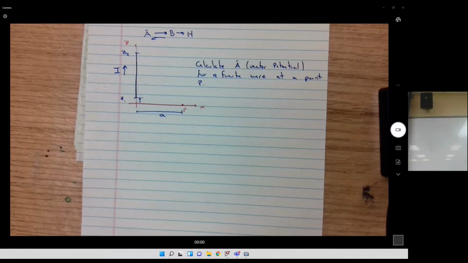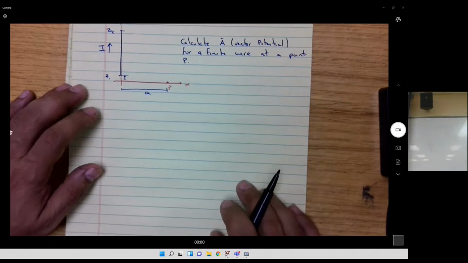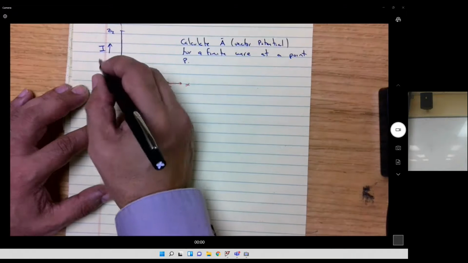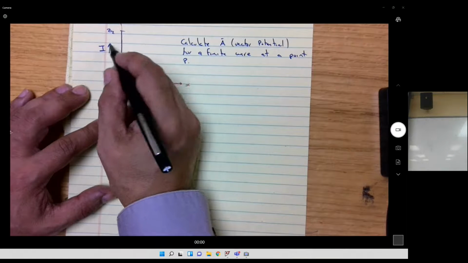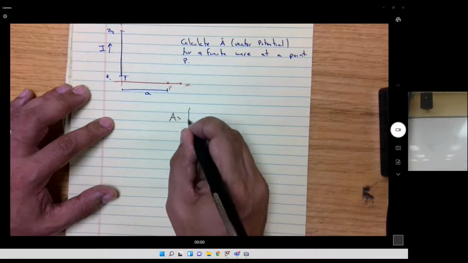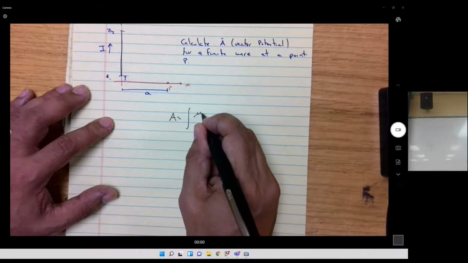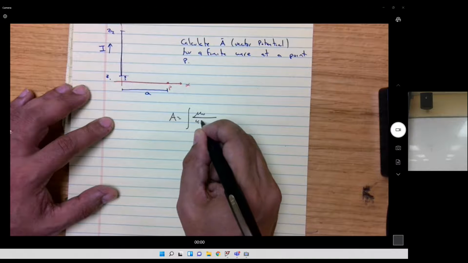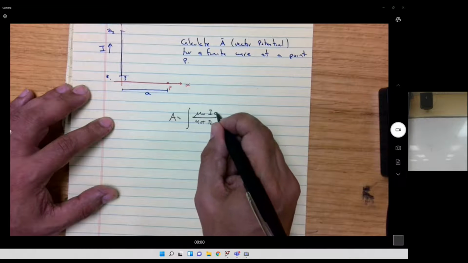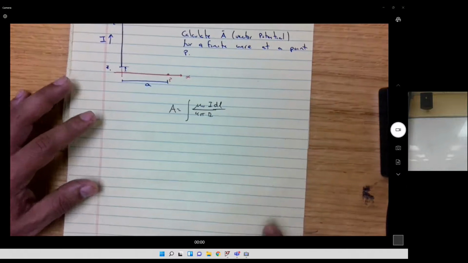Okay, so to calculate A, one way I can do it is by integration. If we have the current distribution, then you can calculate A by integrating mu over 4 pi r, and this is the current I dl.